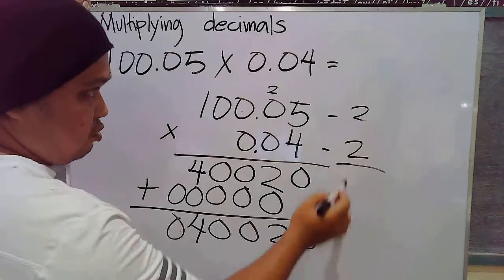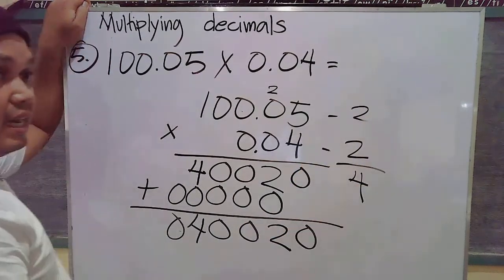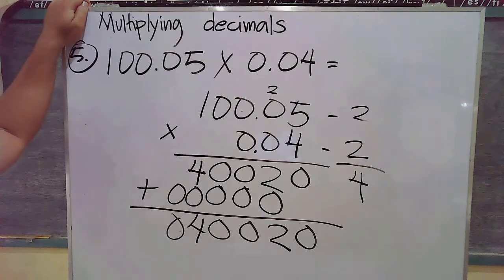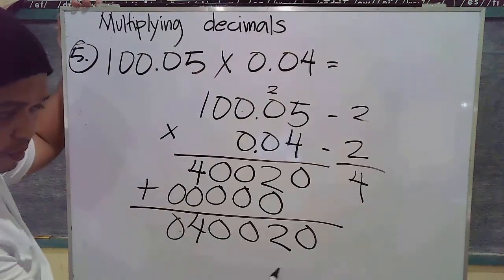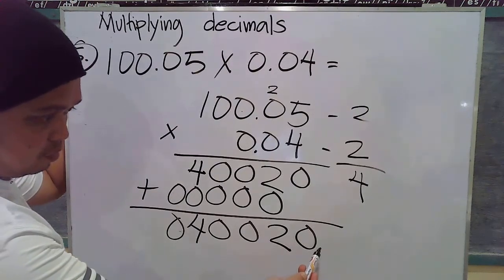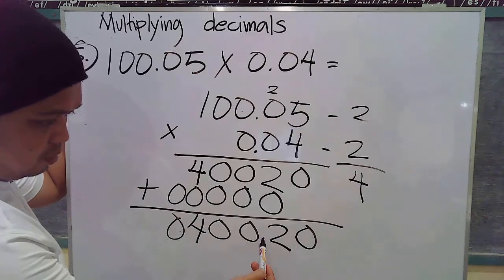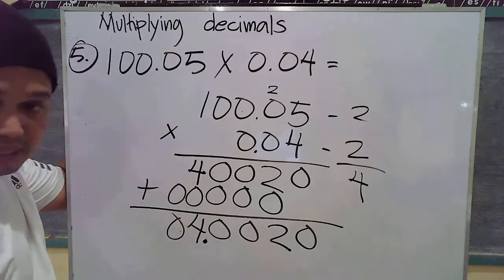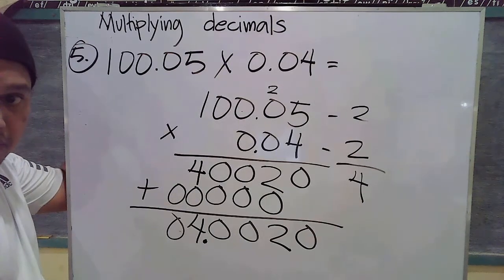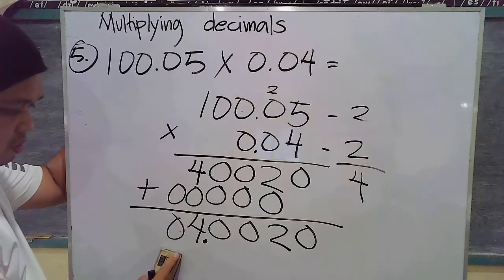And if you add 2 plus 2 is 4. Therefore, 4 here is the number of steps that we're going to take to put our decimal point in our answer. So from here, we have 4 steps to make. So 1, 2, 3, 4. And this will be our decimal point. So for our answer, that's 4.0020. And the rest is 0.